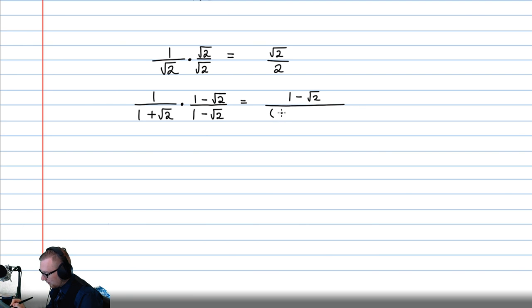On the bottom, you have 1 plus root 2 times 1 minus root 2, right? Yeah. So, FOIL that out. Multiply it out.